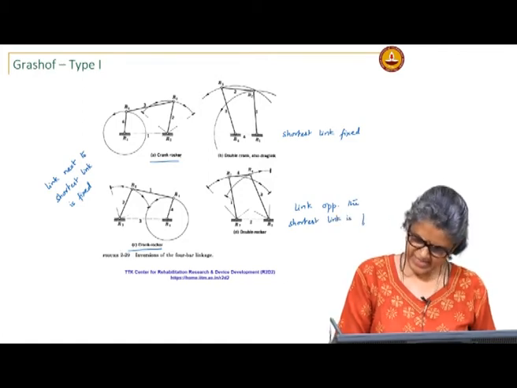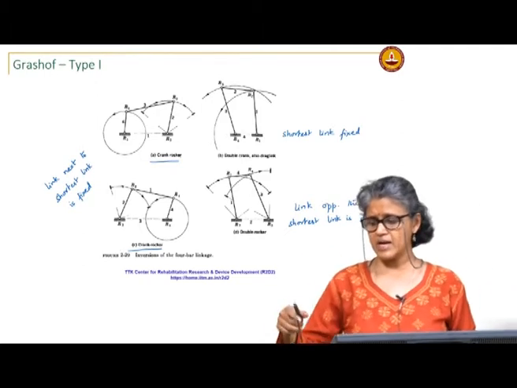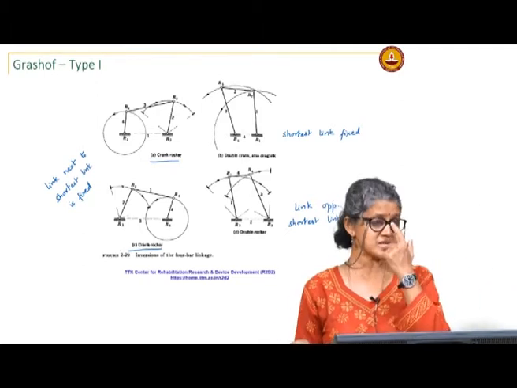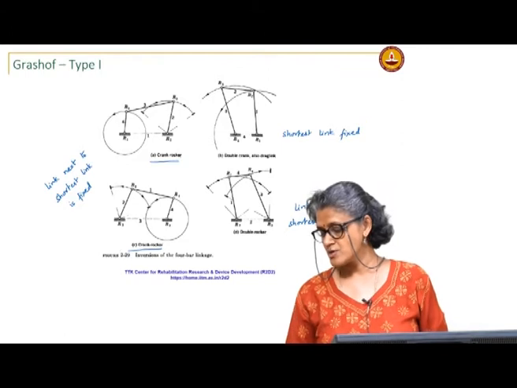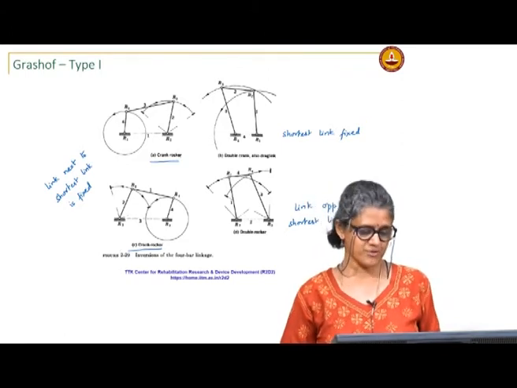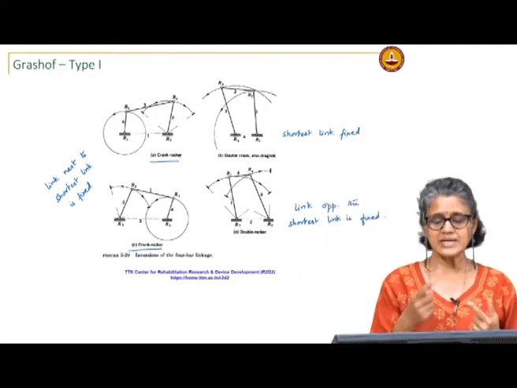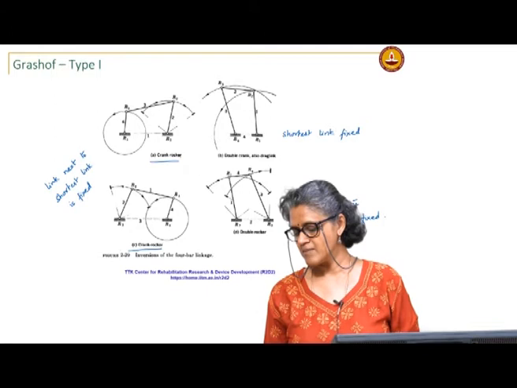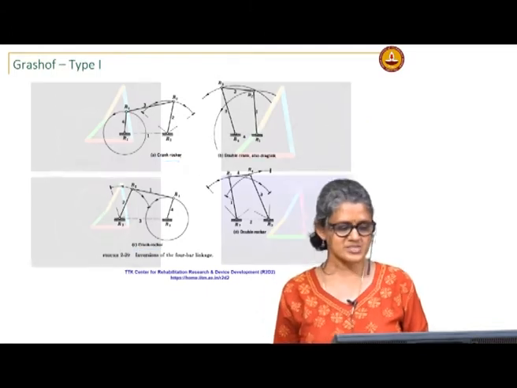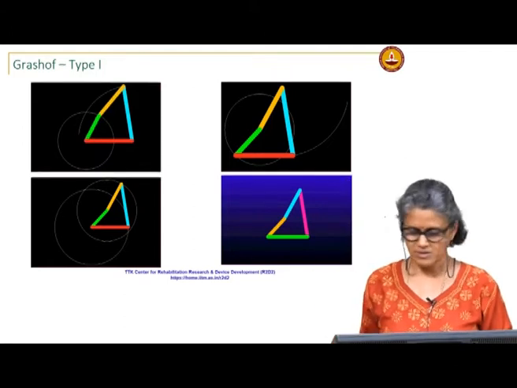So, you are only concerned with the shortest link and its location with respect to the fixed link to determine the kind of motion that you have. In the case of the Grashof double rocker, the coupler, which is the shortest link, makes the complete revolution. So, it functions like a crank, and I showed you these animations, I will not do it again.